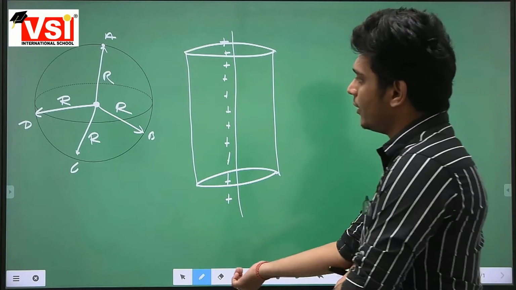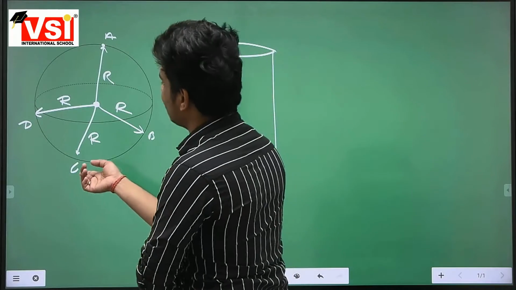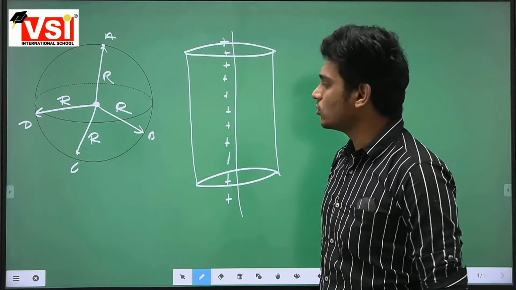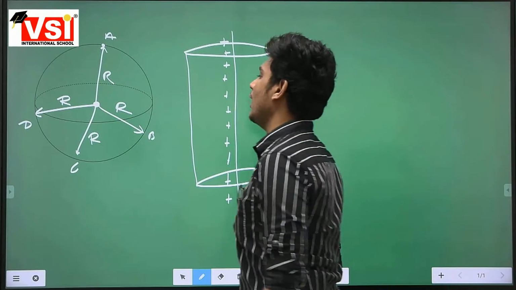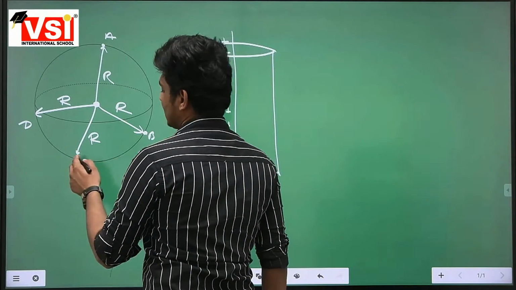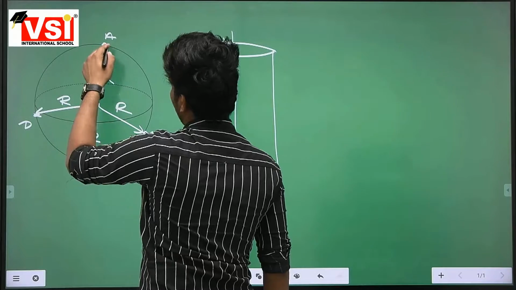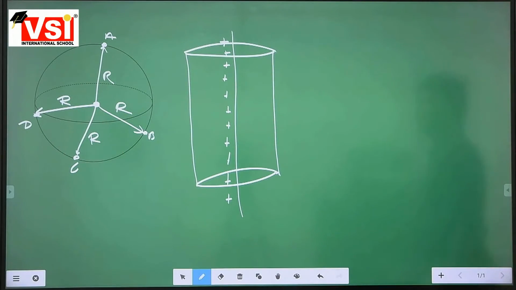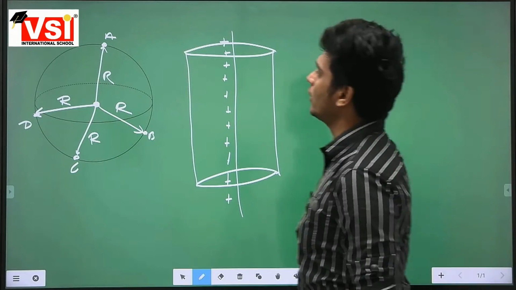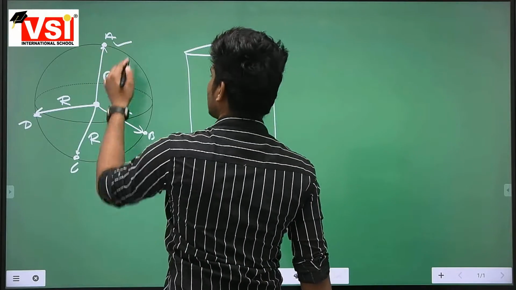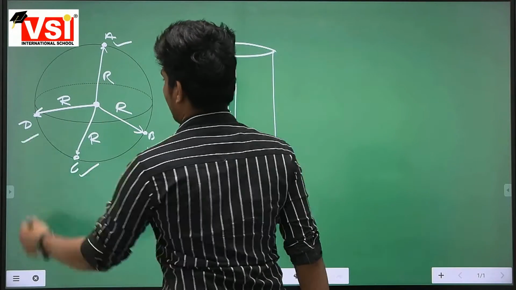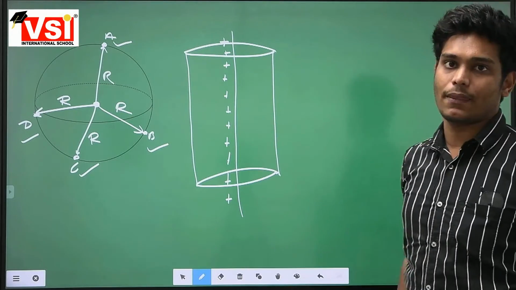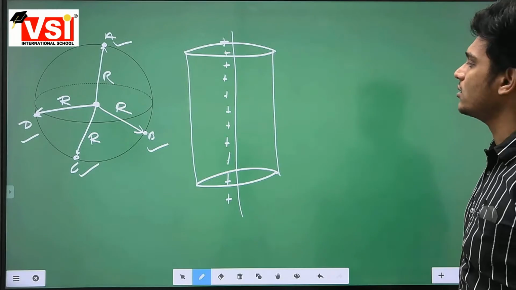So if all the points are at the same distance from the center and the charge is present at the center, the potential at every point will remain the same because the distance from the charge is the same. So each and every point is considered an equipotential point. Everywhere on the surface, the potential is the same.